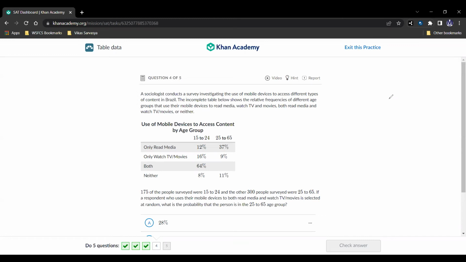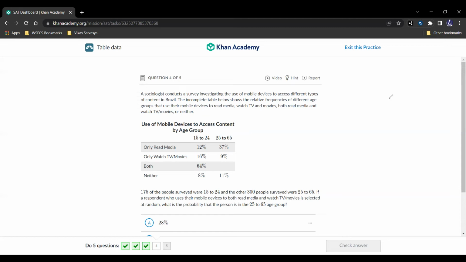So 175 of the people surveyed were 15 to 24, and the other 300 people surveyed were 25 to 65. The respondent who uses the mobile devices to both read media and watch TV/movies is selected at random. So who do both, selected at random. What is the probability that that person is in the 25 to 65 age group?